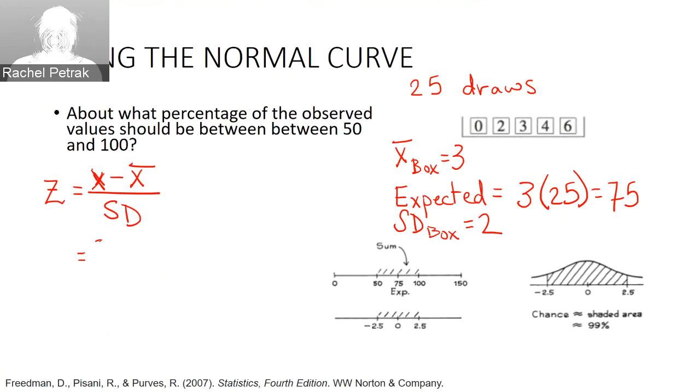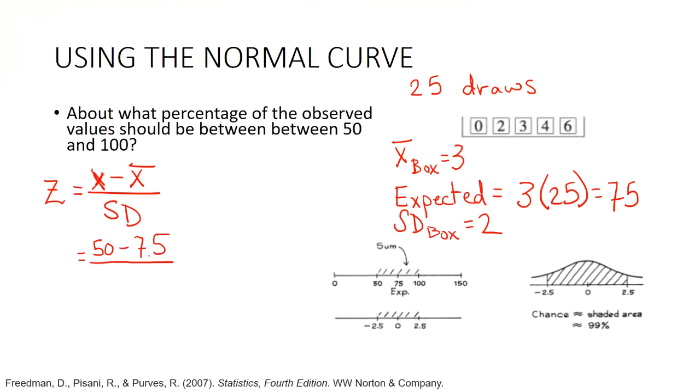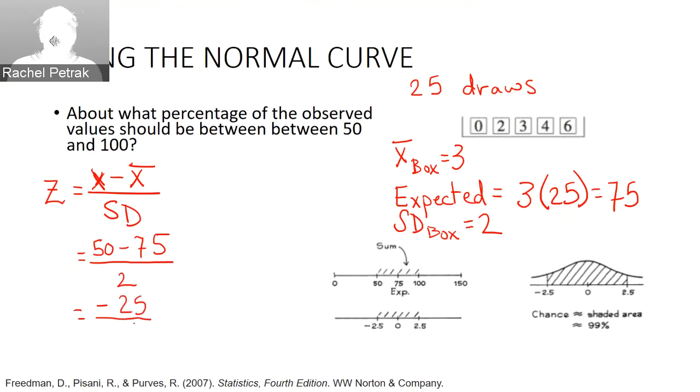So 50 minus 75, that's negative 25, divided by the standard error here because we're doing this across draws.